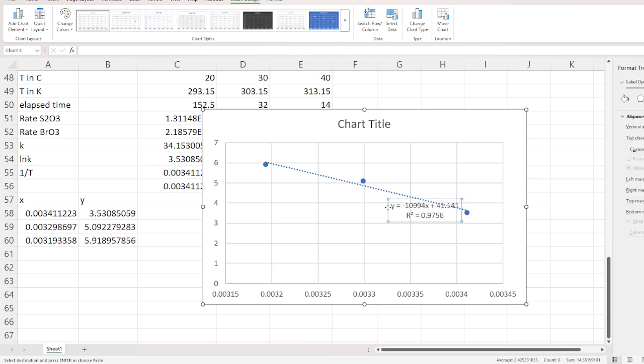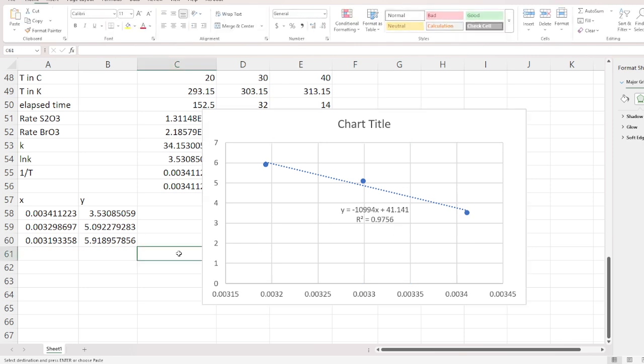The closer R squared is to 1, the better your data fits your line. Though don't get cocky if you only have 2 data points, because of course your data is going to fit your line perfectly if you only have 2 data points. But the closer it fits to 1, the better the data fits the line.